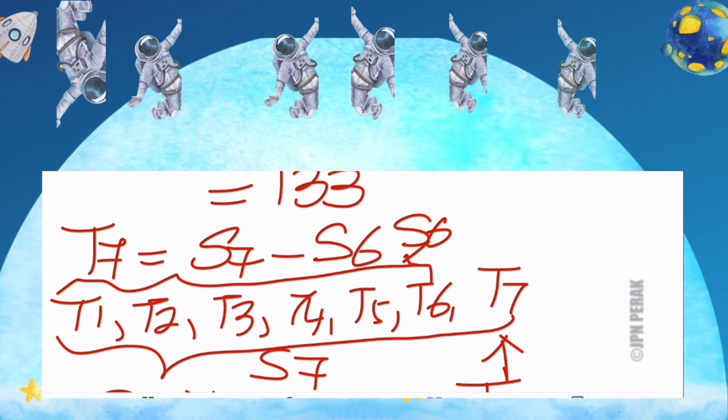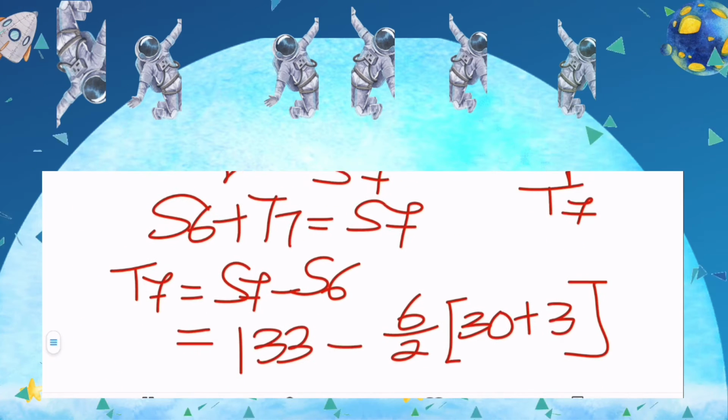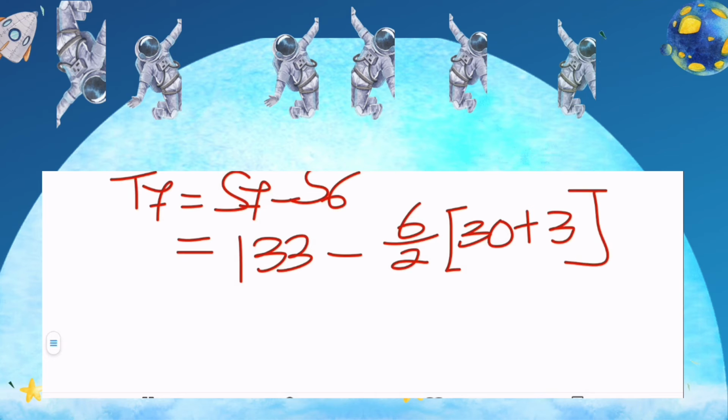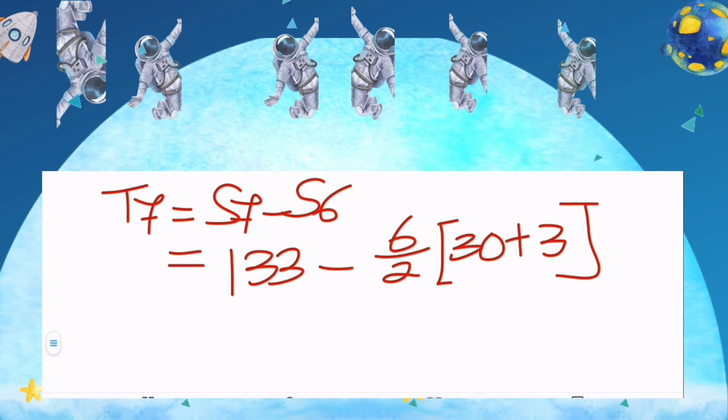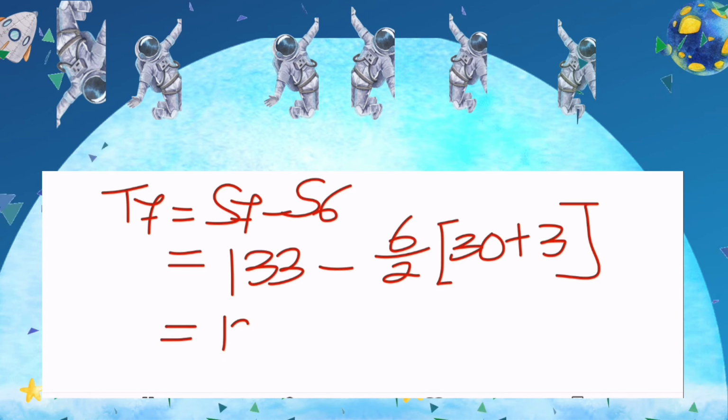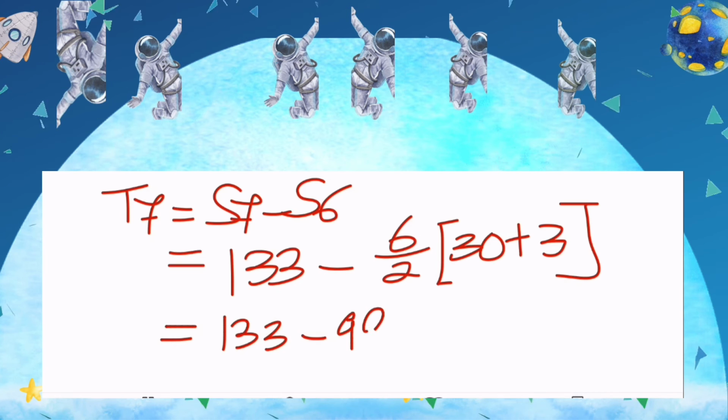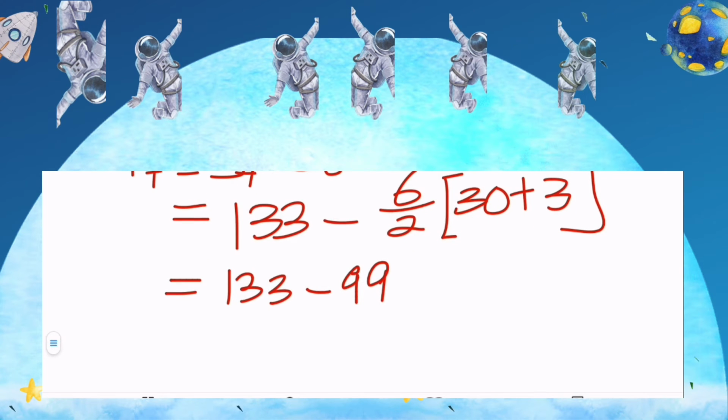So we simplify T7 by using the sum of the first 7 terms minus the sum of the first 6 terms, and the answer we get is 133 minus 99. So the answer is 34.